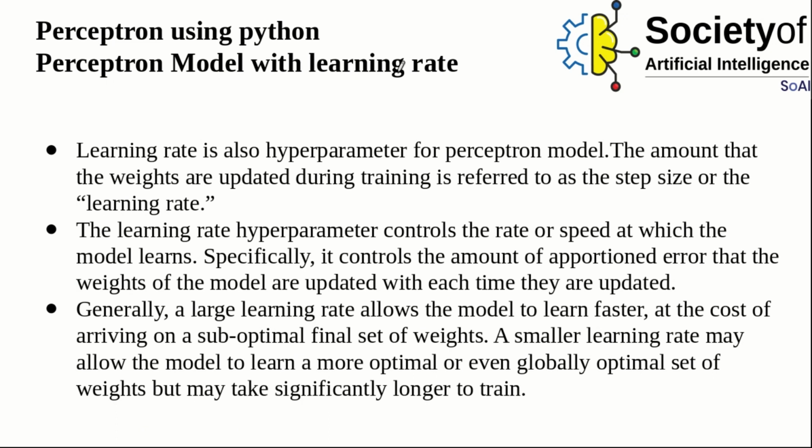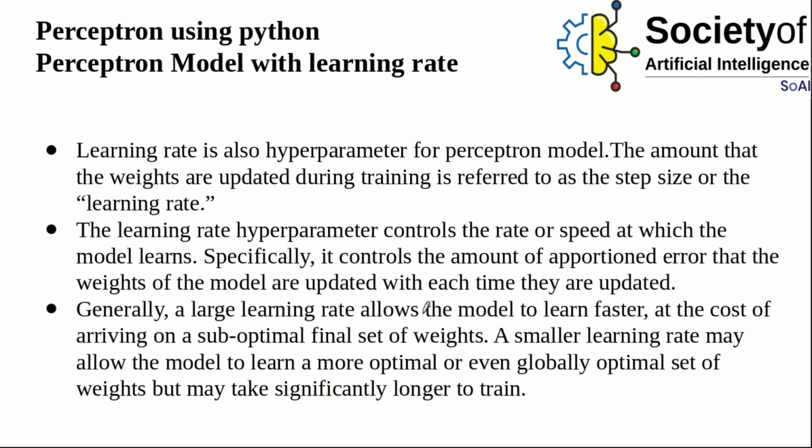Perceptron model with the learning rate. Learning rate is also a hyperparameter for the perceptron model. The amount that the weights are updated during the training is referred to as the step size or the learning rate. The learning rate hyperparameter controls the rate or speed at which the model learns. Specifically, it controls the amount of proportionate error that the weights of the model are updated with each time they are updated.